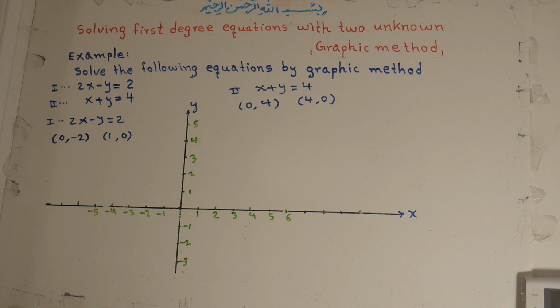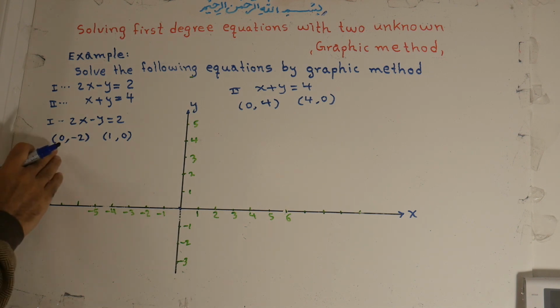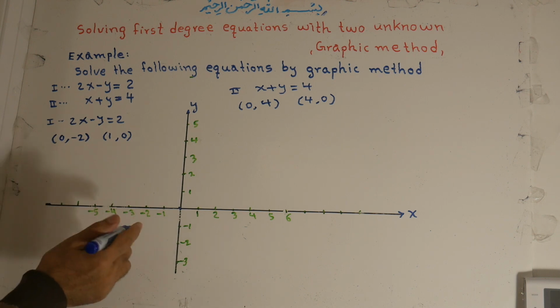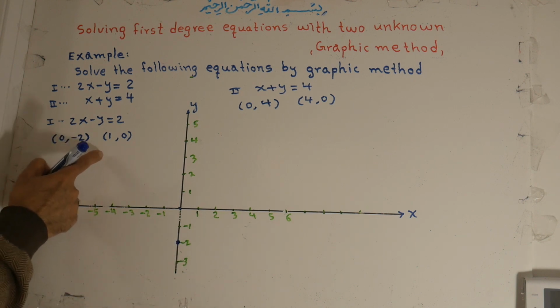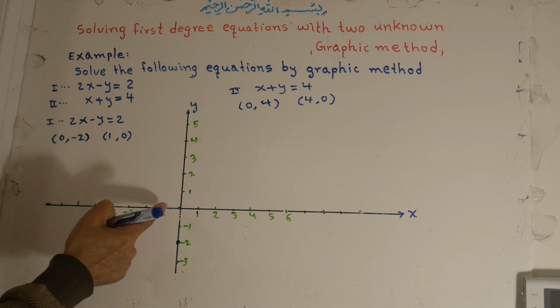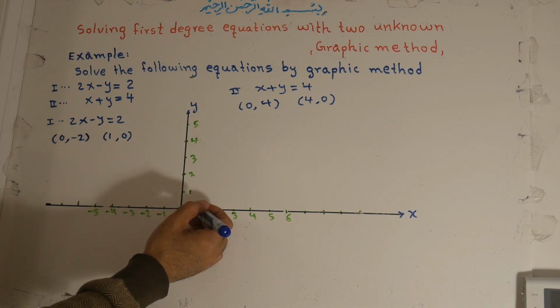Now what we do, we draw both equations. For equation number 1, x 0, y negative 2. It means that here is negative 2, and x 1, y 0, x positive 1.